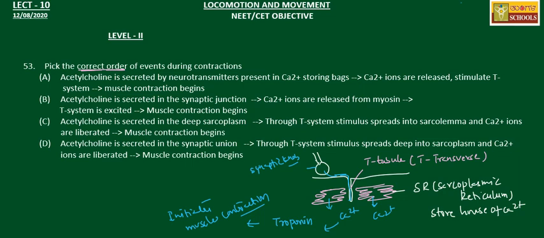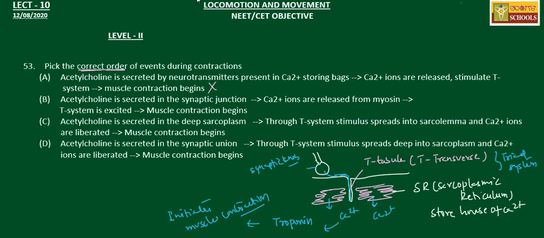This T tubule with the sarcoplasmic reticulum on either side together form a triad system that we have seen in our previous sessions. So this is not a correct statement.